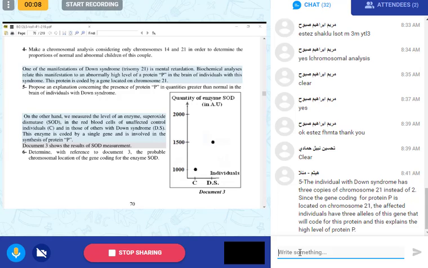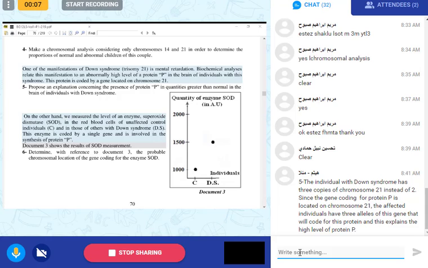1.5 times more. Determine with reference to this the probable chromosomal location of the gene coding for the enzyme SOD. Where is this gene found? Since the amount produced is 1.5 times higher than that of the normal individual, and I know in every individual there are 2 copies of every gene, the 2 alleles, so in the normal 1000 amount, this means 500 from each allele.